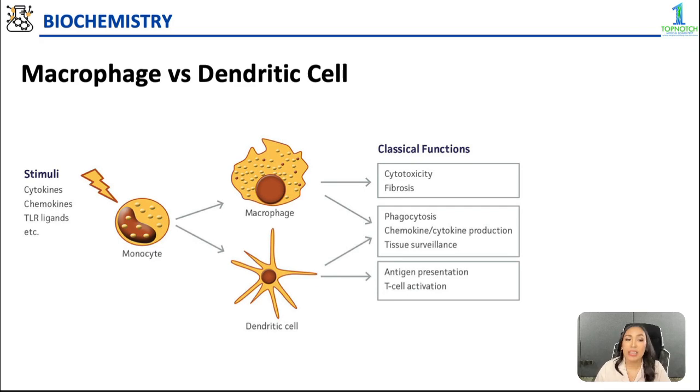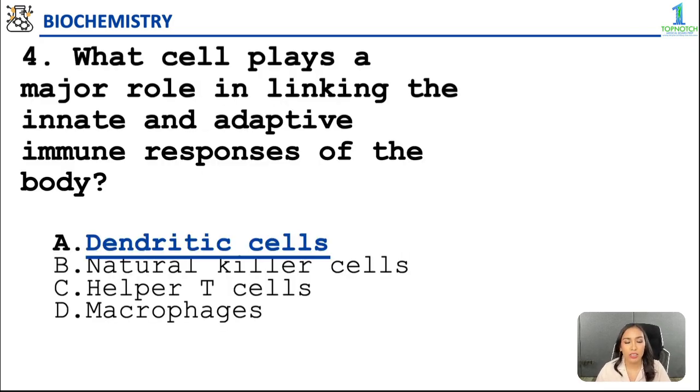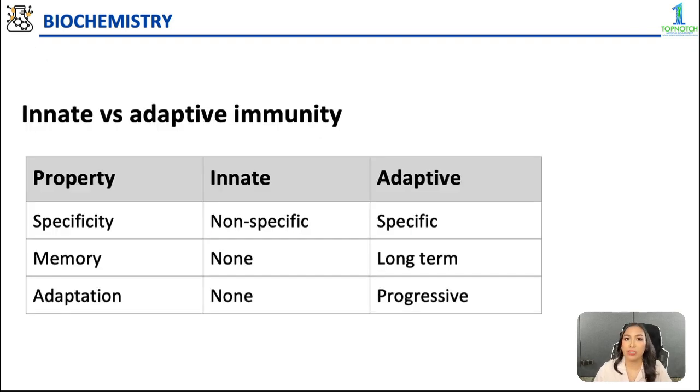So the best answer for this, so although macrophages and dendritic cells are both in the choices, the best answer would be the dendritic cell because it specifically presents antigens to T cells, therefore linking the innate and adaptive immune system. Okay, medyo tricky yun but just be mindful that dendritic cells specifically do antigen presentation.